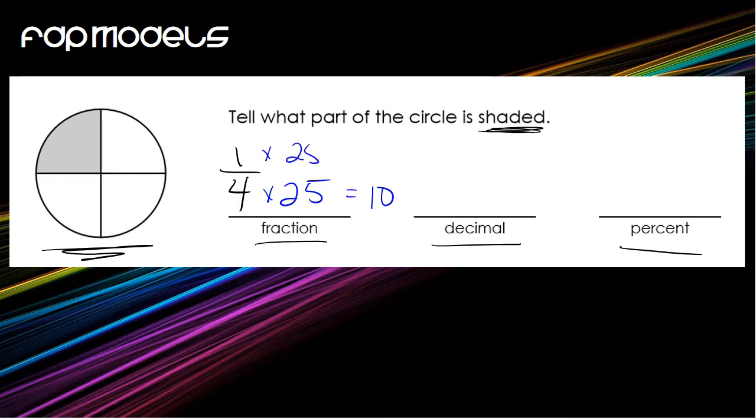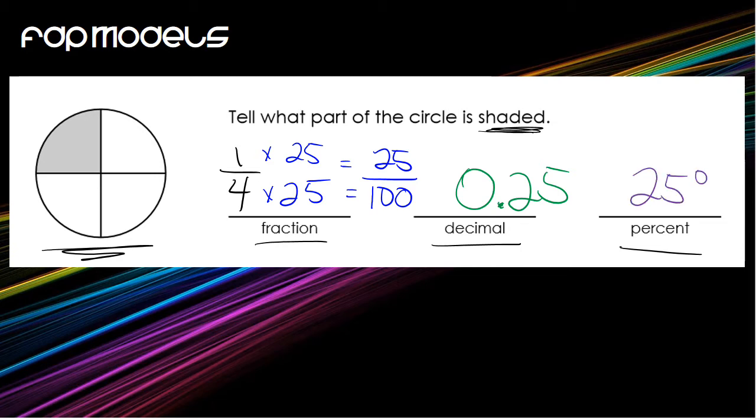So 1 times 25 is equal to 25. So now we have the fraction 25 hundredths, and then we can go ahead and write that as a decimal, 0 and 25 hundredths. And now we'll just go ahead and write that as our percent. We can go ahead and write that as 25%.